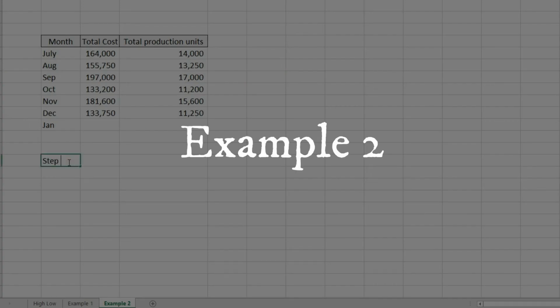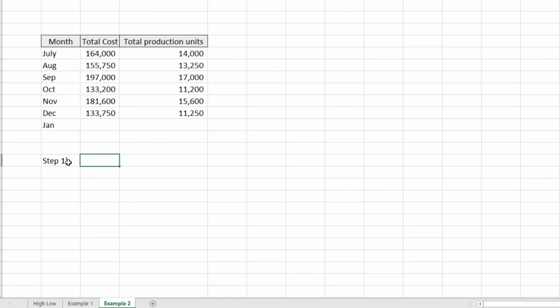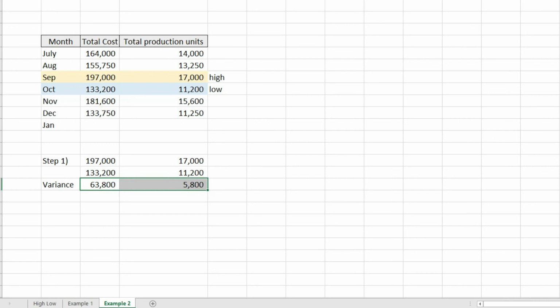So as always, step 1, we're going to take the highest and lowest cost. So September here is our highest cost, and what's our lowest cost? I think it's October there. Yep. So when you're doing this as well, you could write high low next to them if you want to. So we're going to take these costs here and these units here, and we're going to get the variance between the two, just like that.